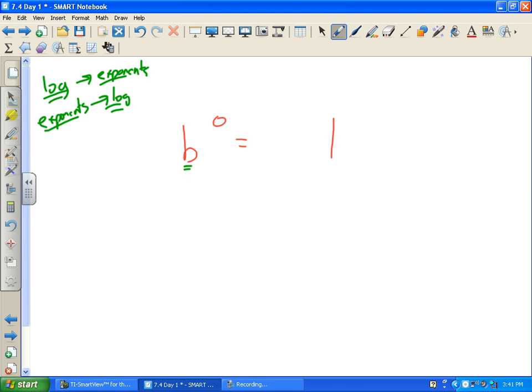So what I'm going to do is introduce a log base b to both sides of that equation. When I introduce a log base b, there's my giant 1.